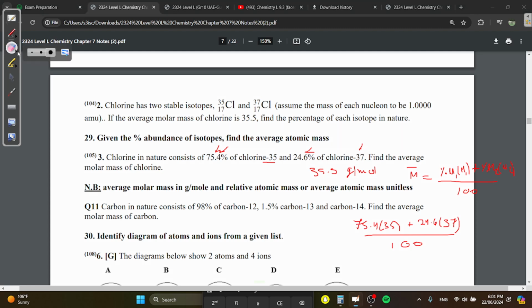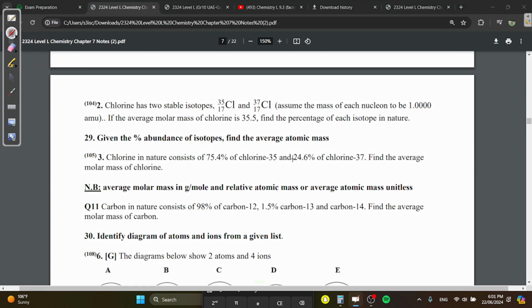Now question 2. Why I did question 3 first is because here you can actually use it. It's a direct application of the formula. Here you have to play with the formula a bit. When you're asked to find the percentages, you'll always be given 2 isotopes. You won't ever be given 3. We know the formula is percentage M1 times M1 plus percentage M2 times M2 over 100. We don't know the percentages, so let's just call it percentage M1 times mass 1, which is 35, plus percentage M2 times mass 2, which is 37, over 100.